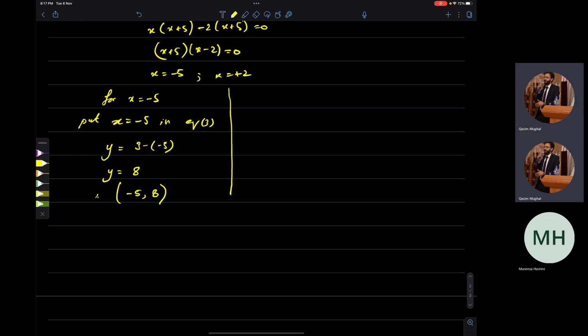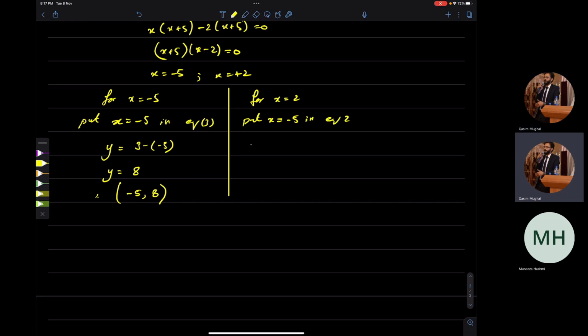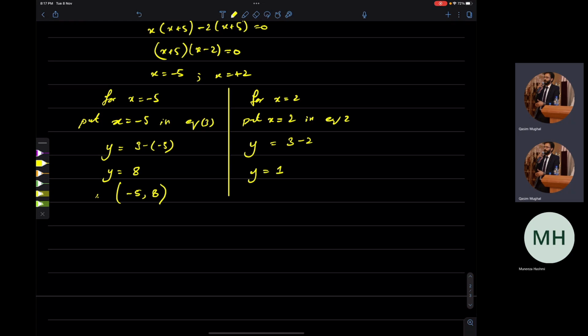Exactly in the same way, for x equals to 2, put x equals 2 in equation number 3. So y equals 3 minus 2, which is y equals to 1. So our ordered pair in this case is going to be 2 and 1.